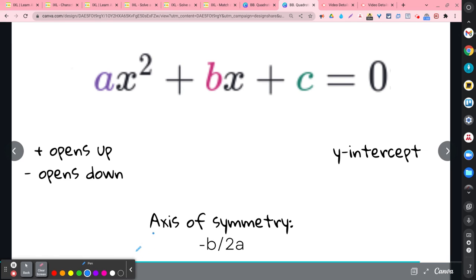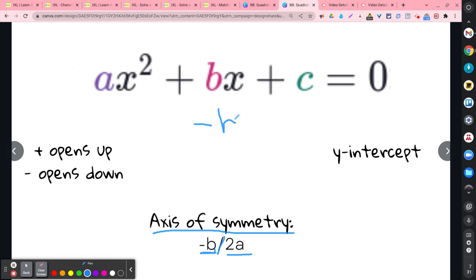Okay, finally, how do you know where the axis of symmetry is? If they give you the equation and you need to know the axis of symmetry, you're just going to take b, make it negative, and divide it over 2a. So you take negative b, whatever that number is, divided by 2 times whatever this number is, a.